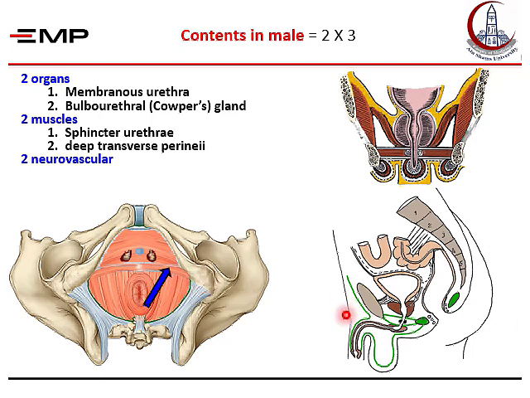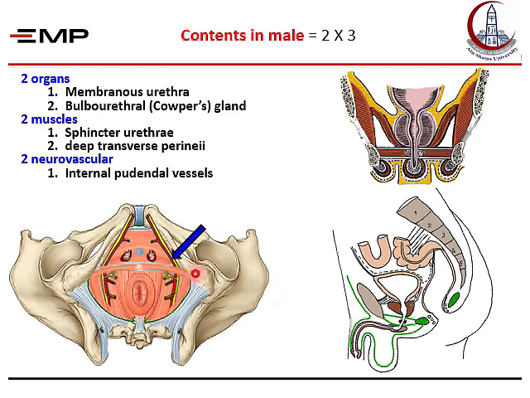The 2 neurovascular structures are the dorsal nerve of the penis and the continuation of the internal pudendal artery.